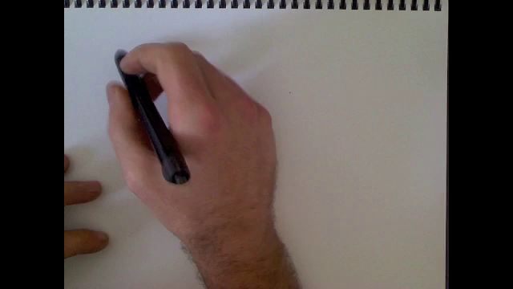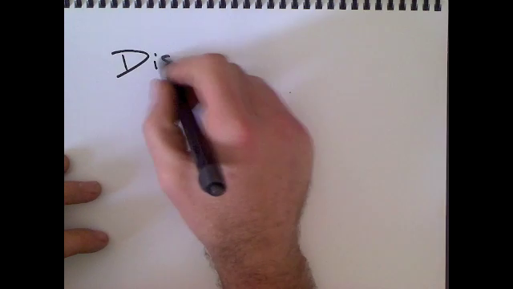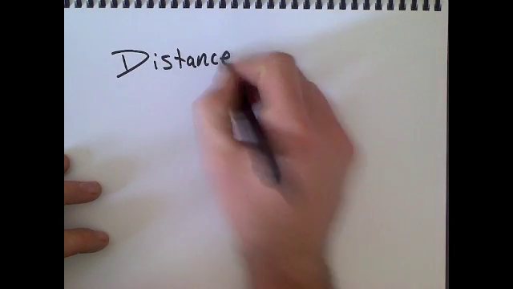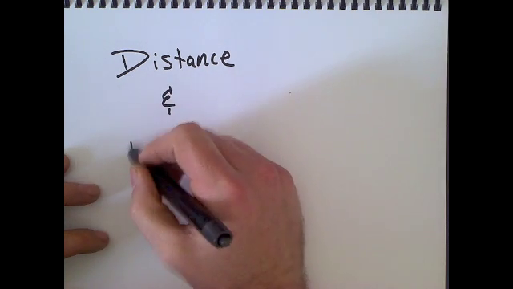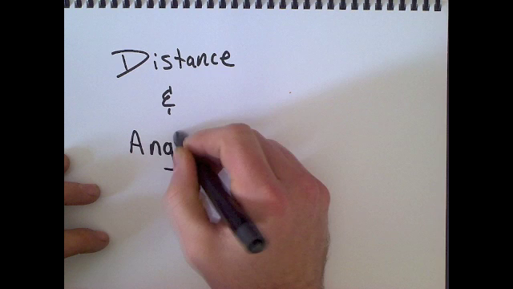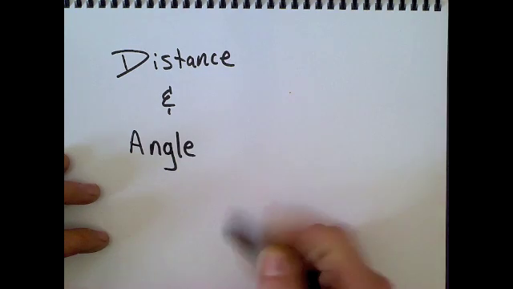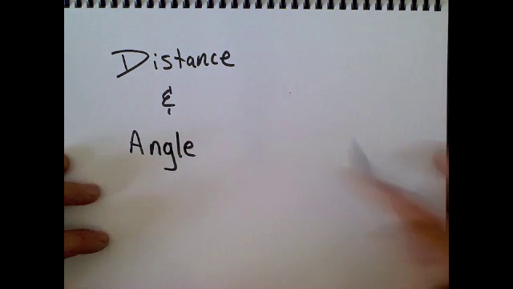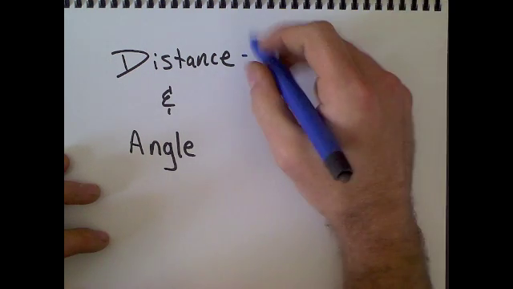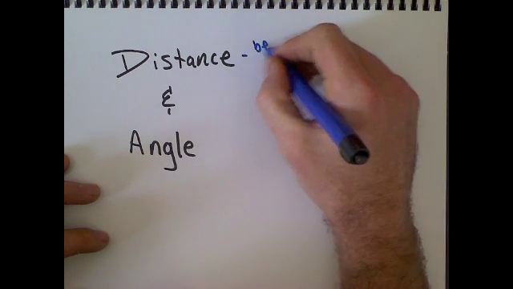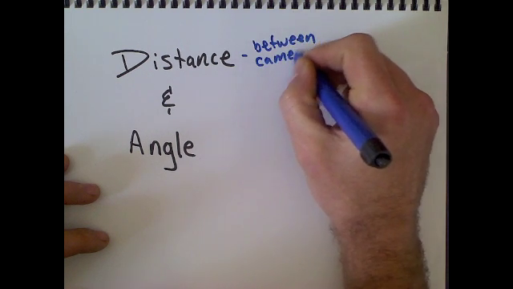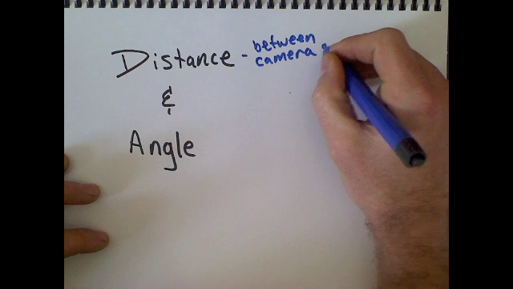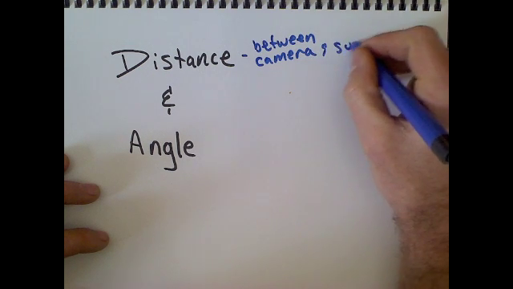Okay, let's now look at how distance and angle affect what you see on screen. Now remember, when we're talking about distance, we're talking about the distance between the camera and subject.